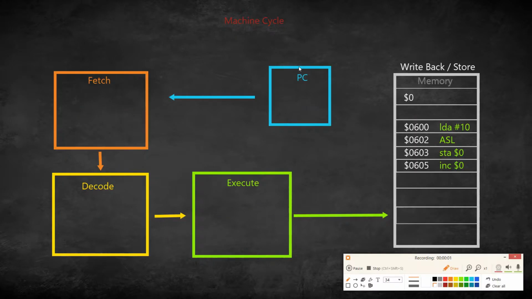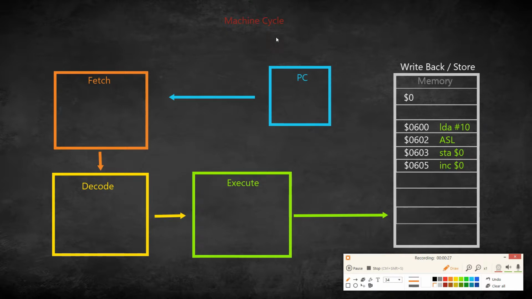Okay, so I already drew this small diagram over here, and over here in green is the small code I wrote. It doesn't really mean much, but it shows how this machine cycle works. And over here you see the memory locations where the code starts in our emulator.